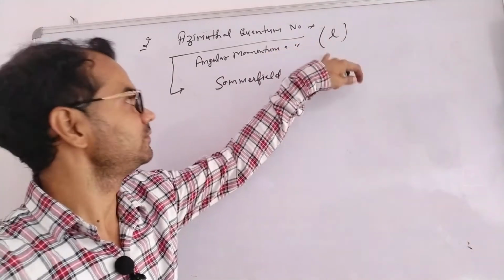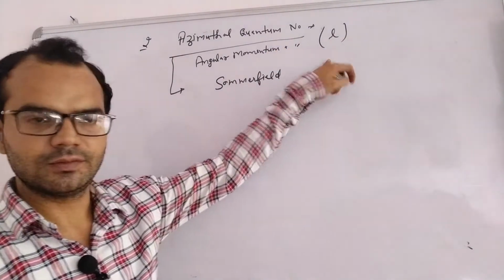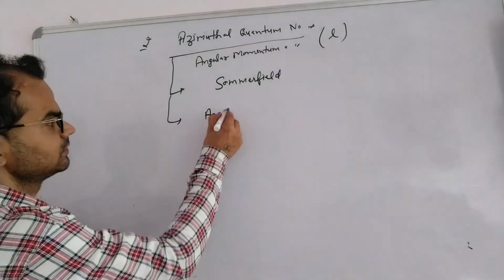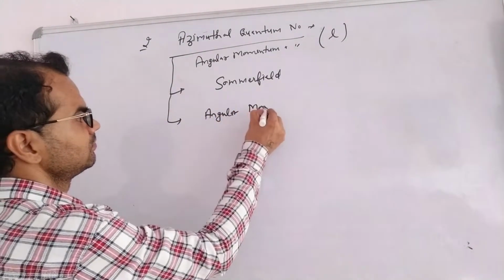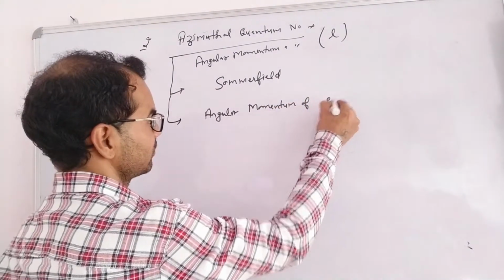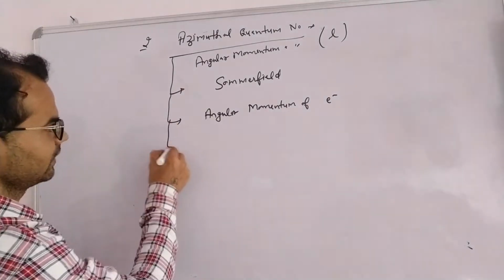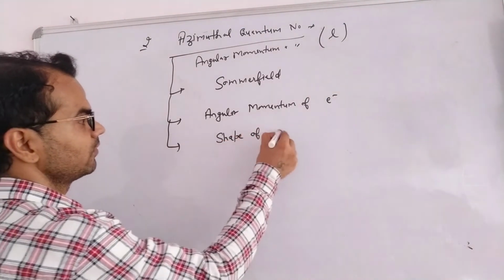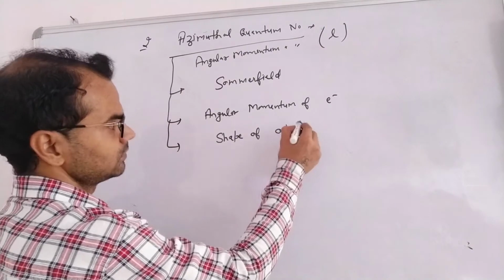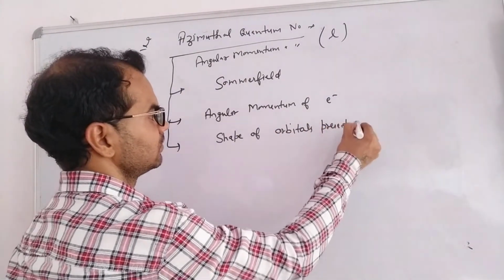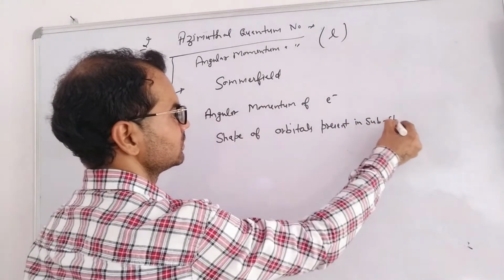By knowing the azimuthal quantum number, we can find out the angular momentum of the electron. Second, we can find out the shape of orbitals present in a subshell.